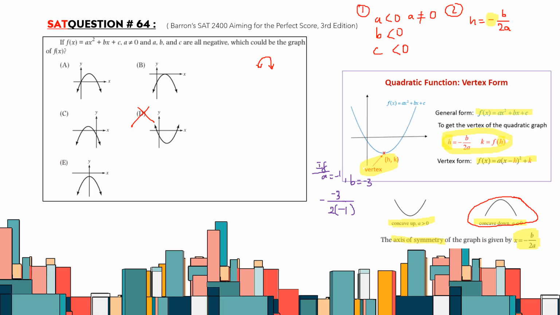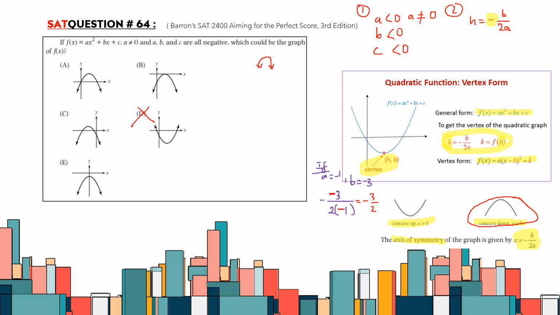So you see that the negatives from b and a will cancel because it makes it positive, right? So this one becomes negative 3 over 2. So it's still negative.